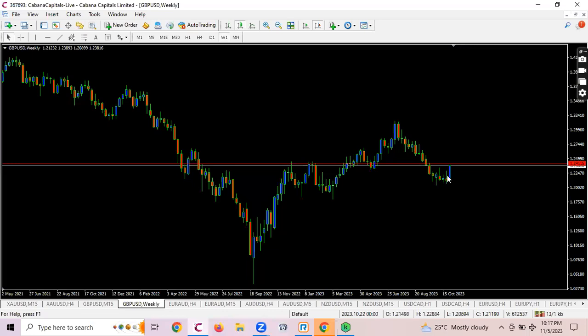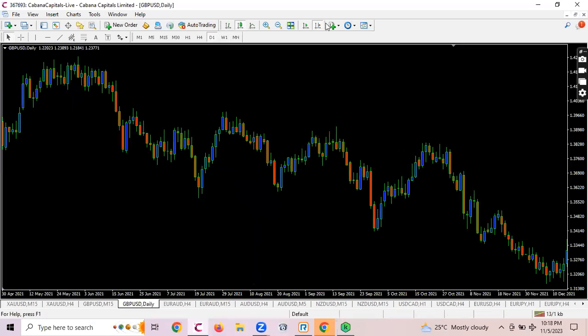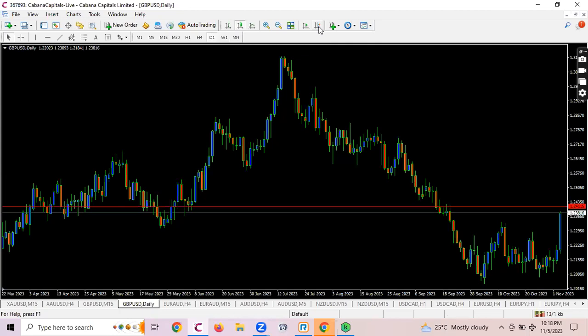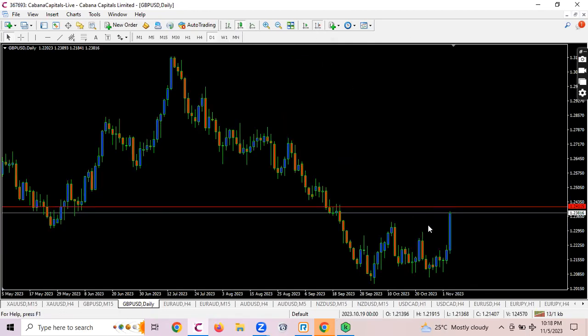And it could just be that they hunted for the stop losses at this level. Okay. So we could wait for Monday candle to close to know if price will be rejected from that resistance. We should wait for Monday candle to close.